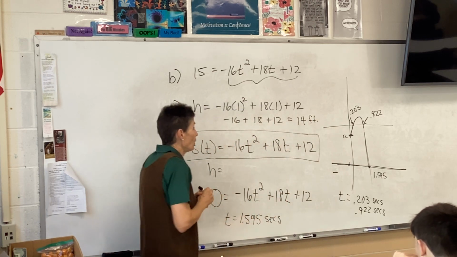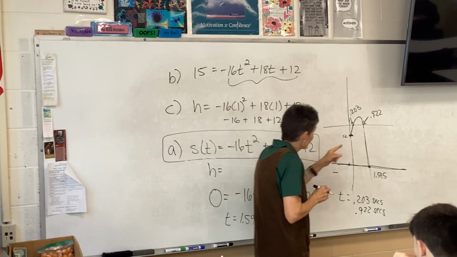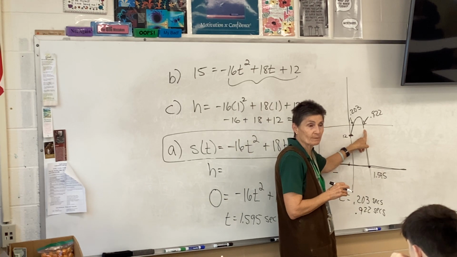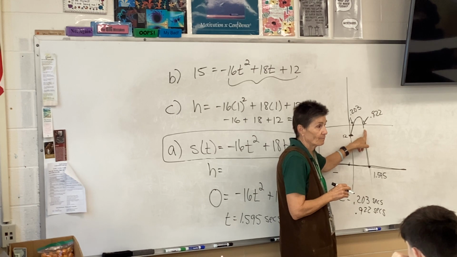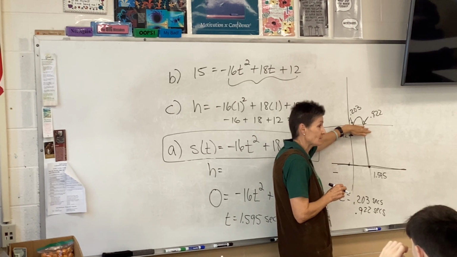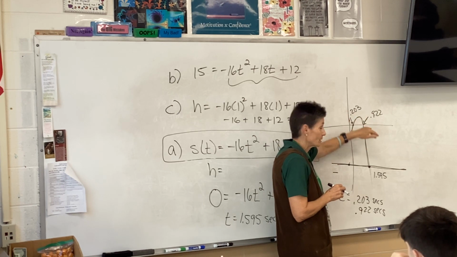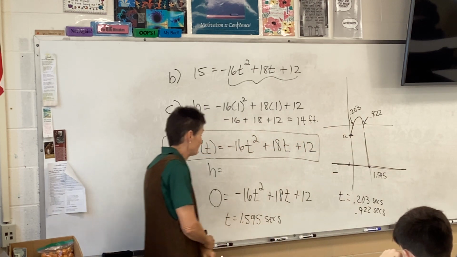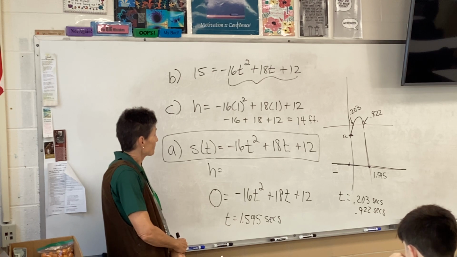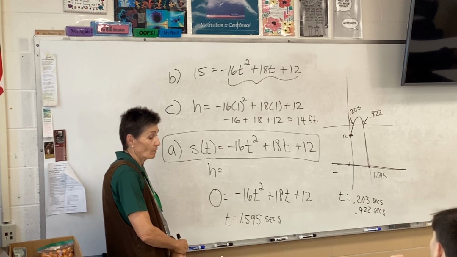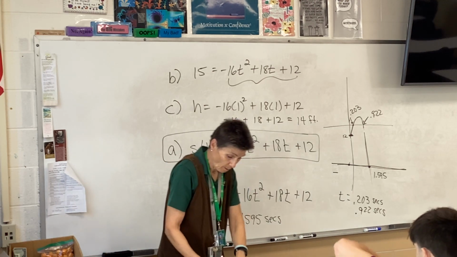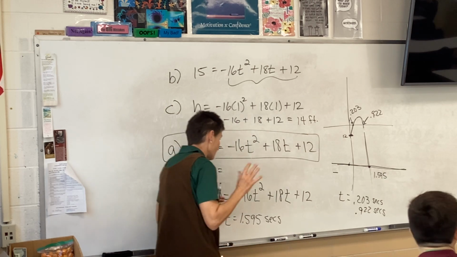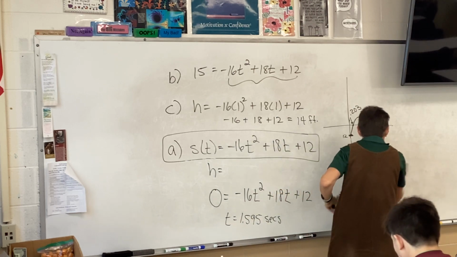So after 1 second, the ball is 14 feet above the ground. Remember, in between here, it's 15 feet above the ground. So after 1 second, it would be only 14 feet.